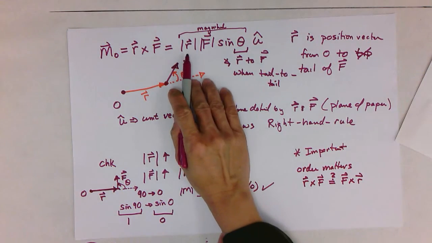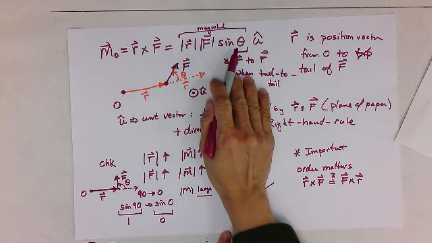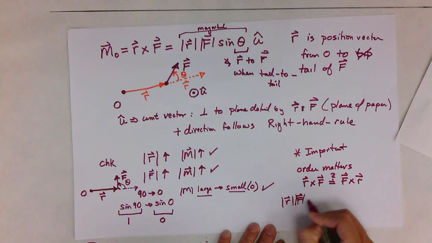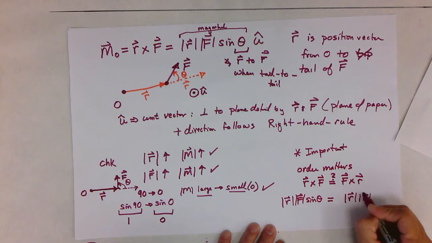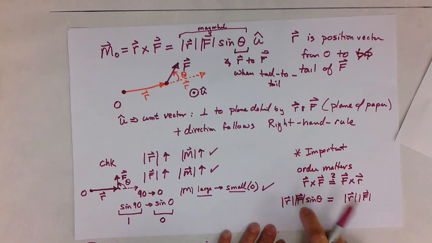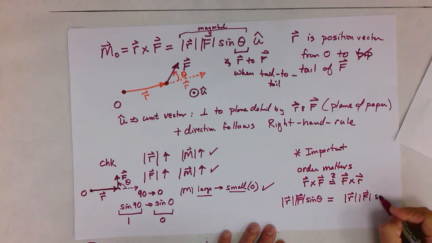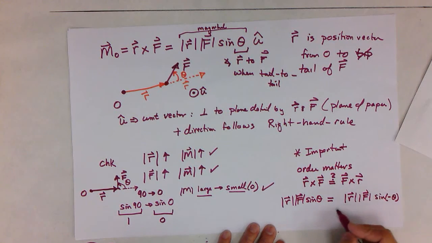If we look at our expression here, the magnitudes will be the same. Let's write that out: R, F, sine theta. Is that equal to R, F? So what is our angle now? It's the angle from the first one to the second one. So it's this one to this one. We're going in the minus direction. So I can pull the minus out front.